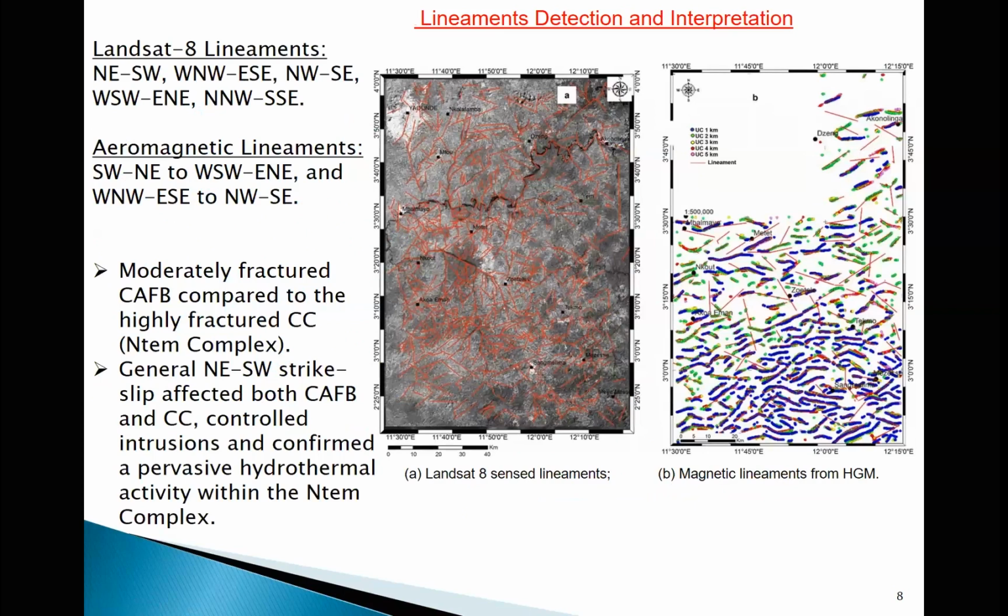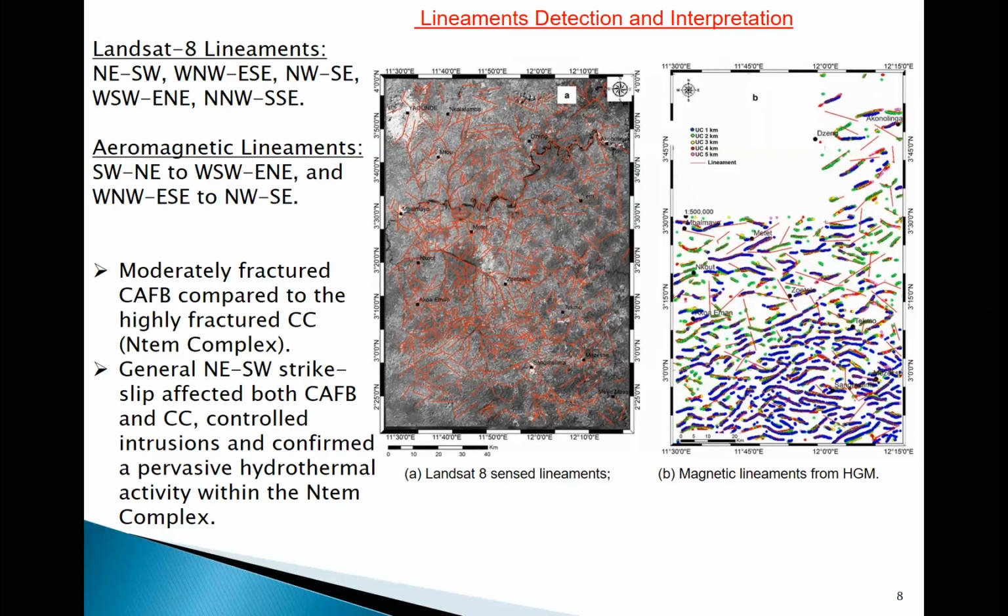Now, from those maps, the aeromagnetic and the Landsat maps, they produce lineaments. The Landsat lineaments had mostly northeast-southwest, west-northwest-east-southeast, and northwest-southeast trends, whereas the aeromagnetic lineaments were more southwest-northeast.